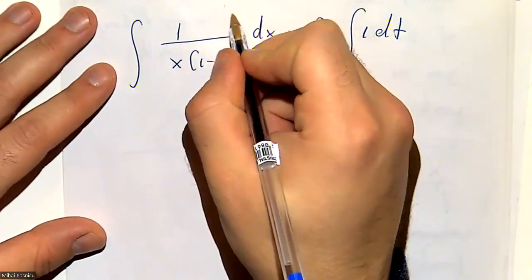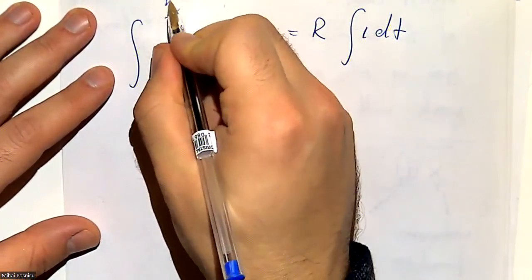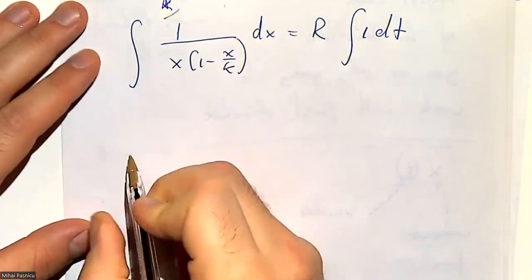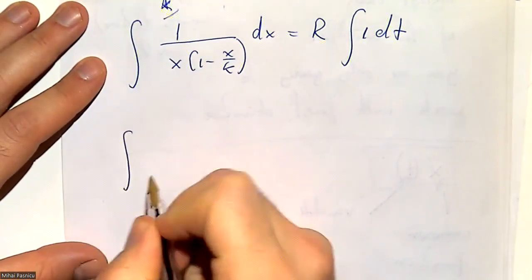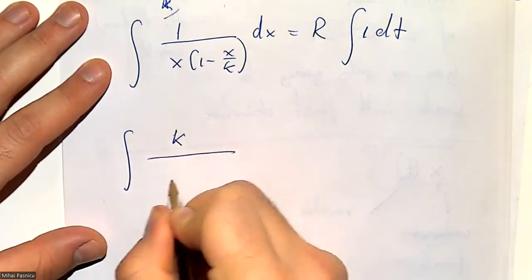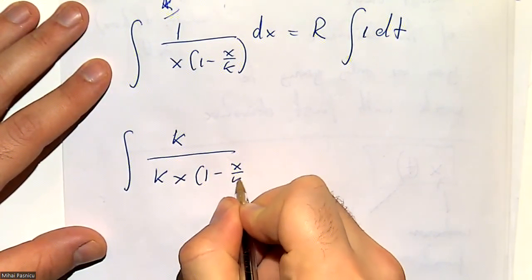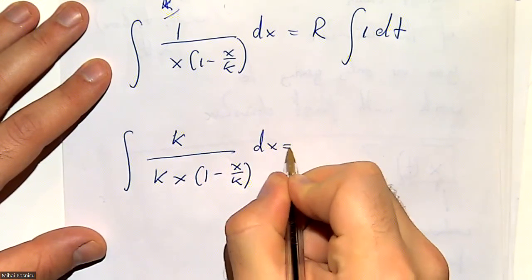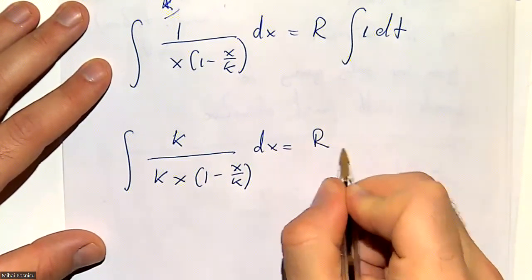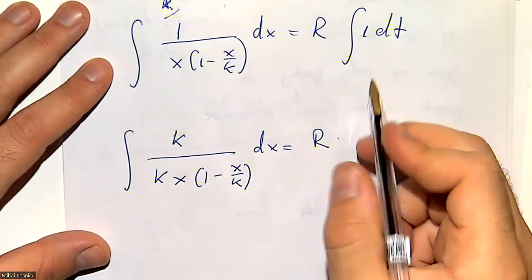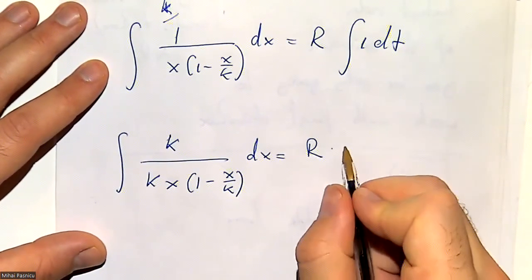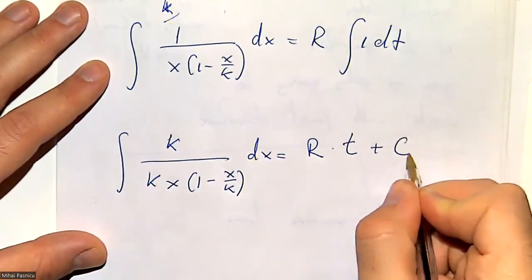If I just multiply this fraction by k, I get the integral of k over x (1 minus x over k) times k dx equals, what is the right hand side? That's just t. The integral of 1 is just t plus a constant.